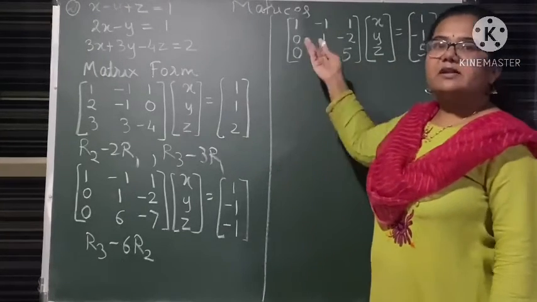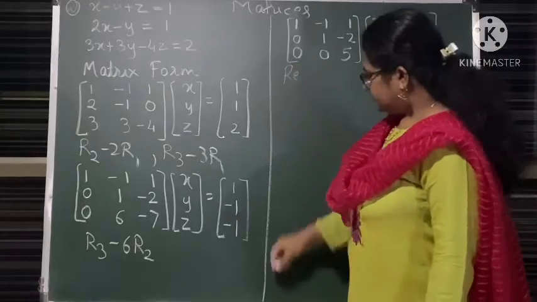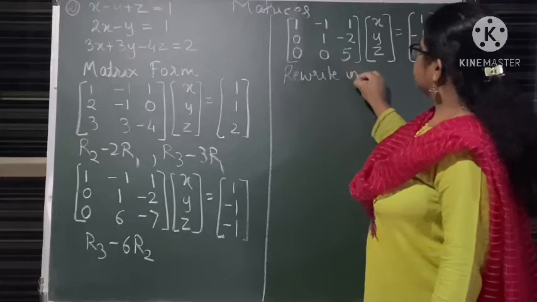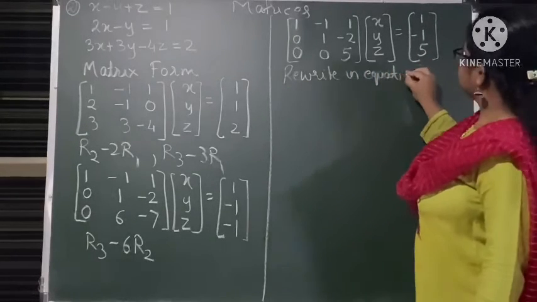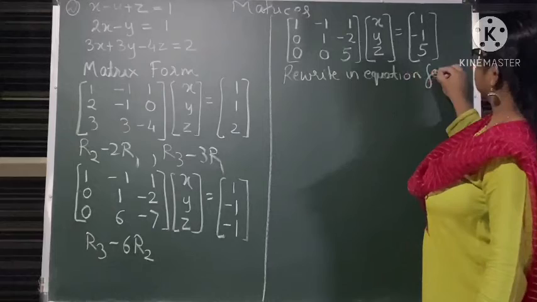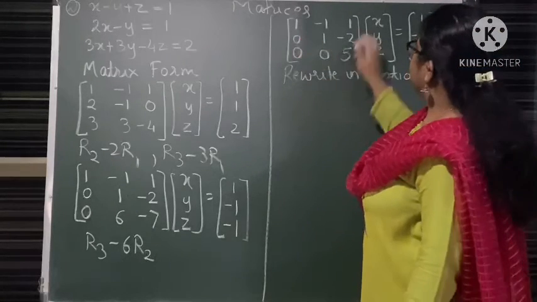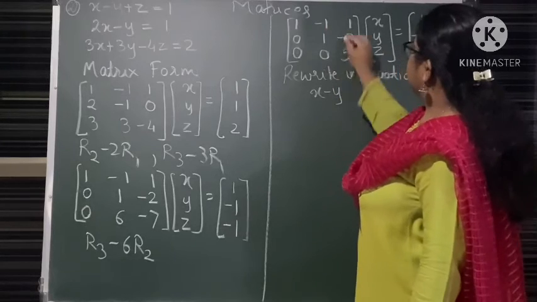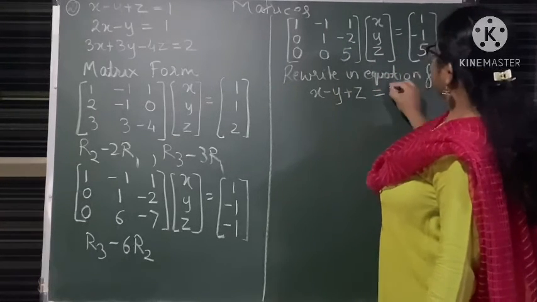So we will rewrite the matrix form into equation form. So what will be my equation form? 1 into x is x, minus 1 into y is minus y, and 1 into z is z, equal to 1.